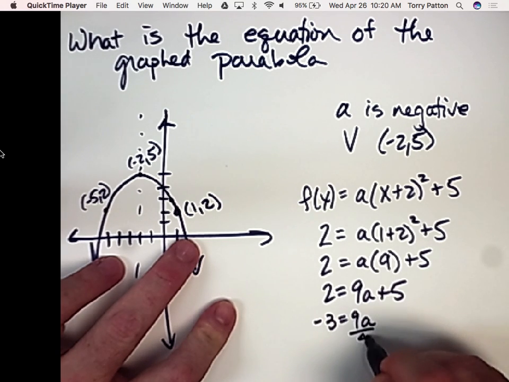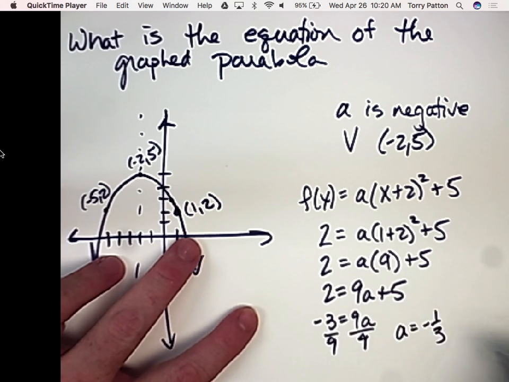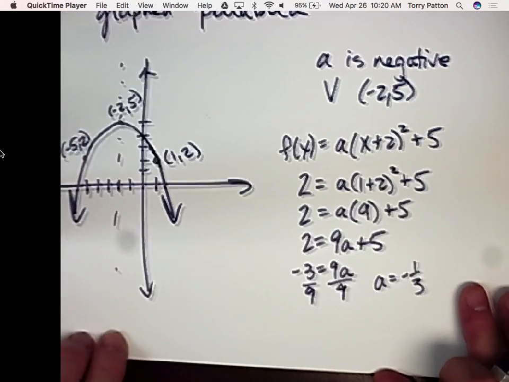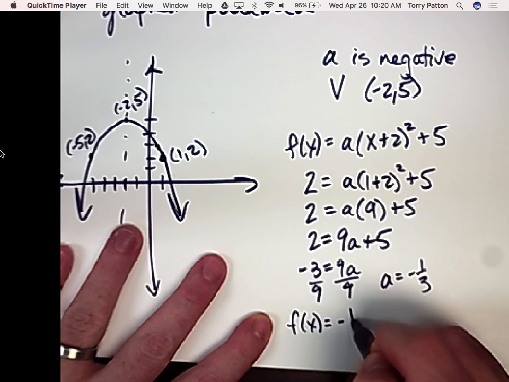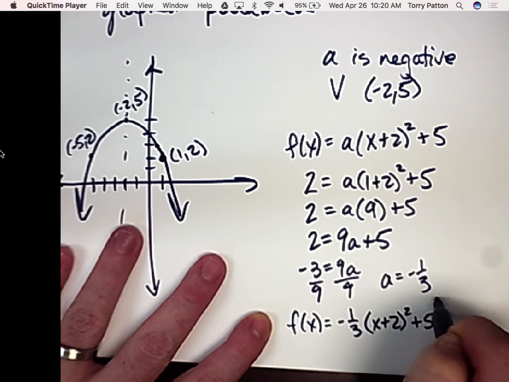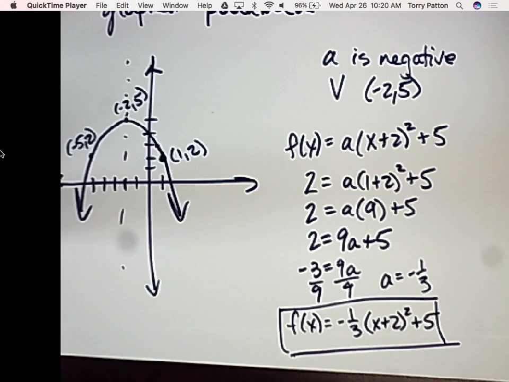And divide both sides by 9, A is negative 1/3. So your equation is negative 1/3 times x plus 2 squared plus 5. Make sense? Okay.